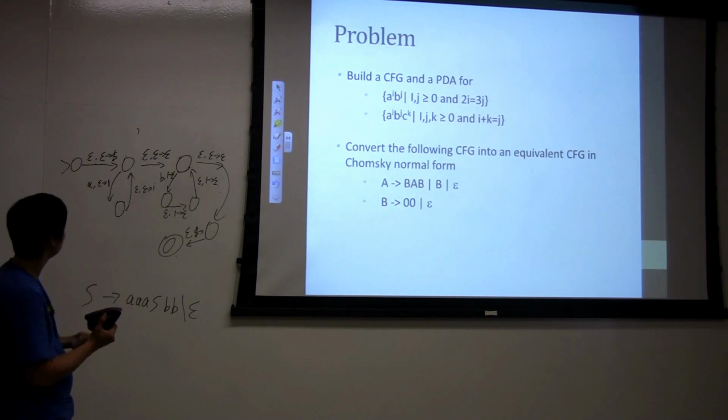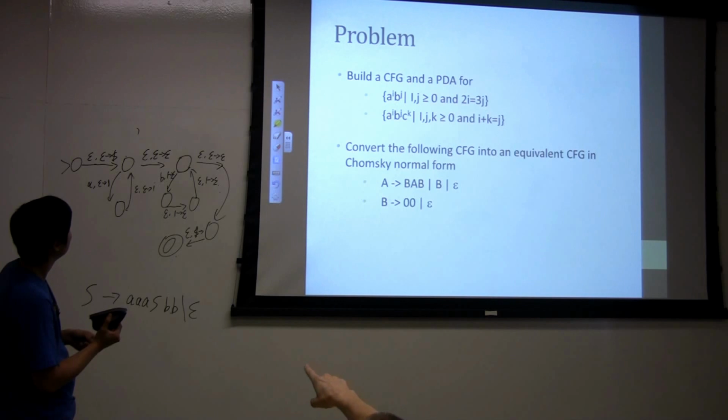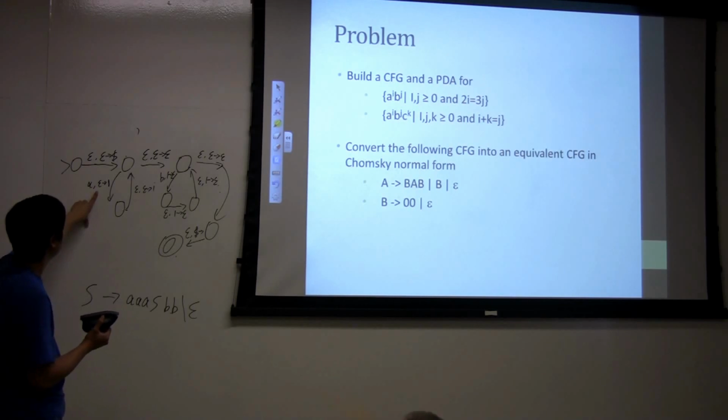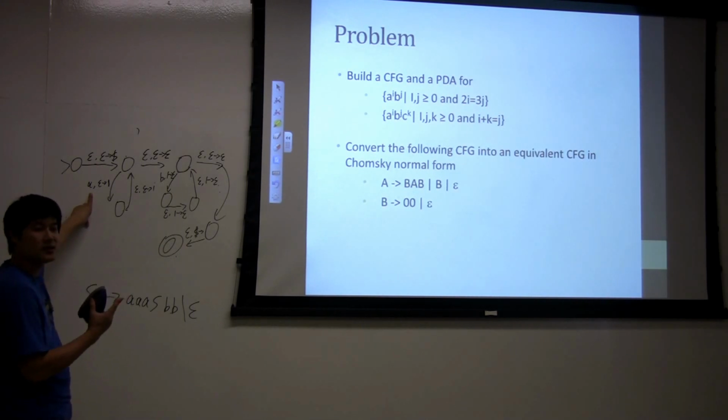Why is that? So we see the first edge that goes down for the A. It's A comma like that. The second one has epsilon instead of A comma. Because for each A we want to put in 2 1s.